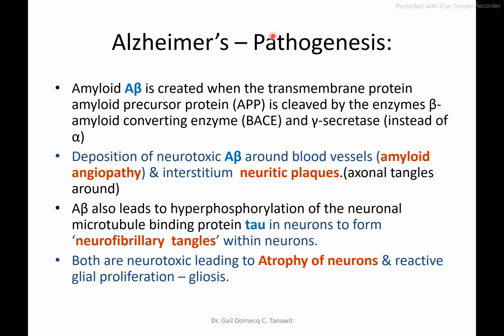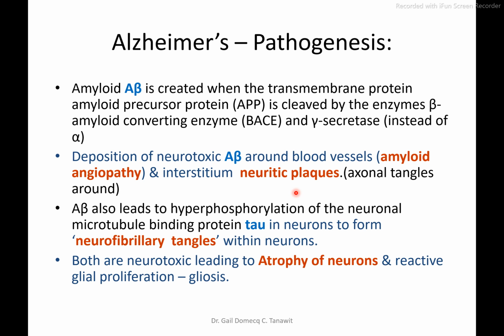So the pathogenesis lies on the amyloid alpha beta, which is created when the transmembrane protein, amyloid precursor protein APP, is cleaved by the enzymes beta amyloid converting enzyme and gamma secretase instead of the alpha. Now, there is deposition of the neurotoxic alpha beta around the blood vessels, which we call amyloid angiopathy, and also among the interstitium, creating the neuritic plaques.